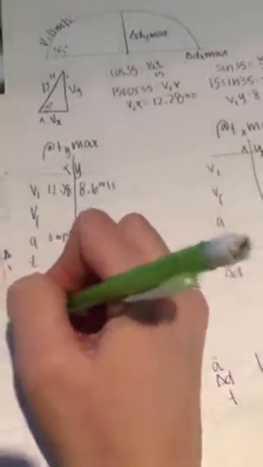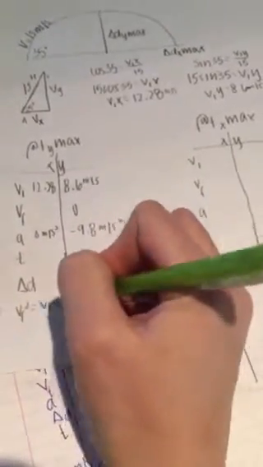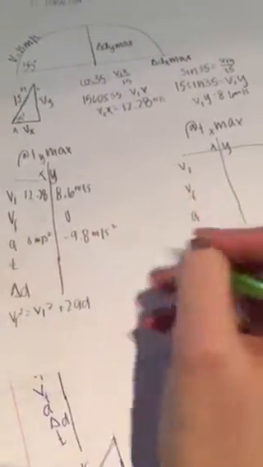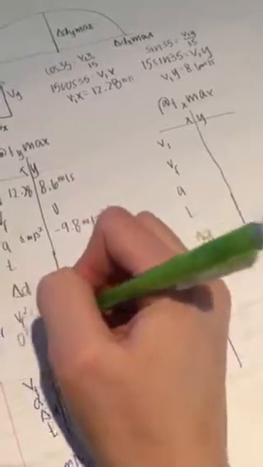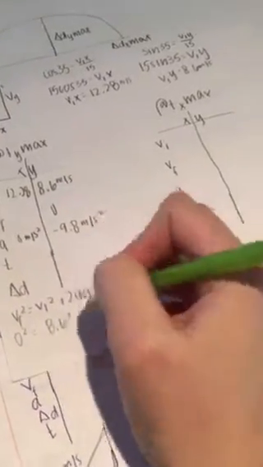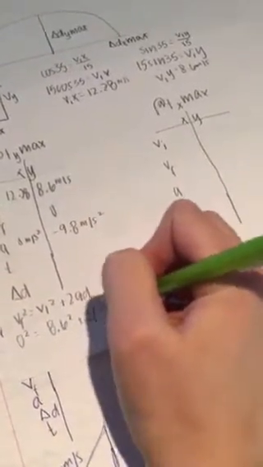And then you do not know the time and the delta d, so to solve for the delta d, we have to use equation 4, which is vf squared equals vi squared plus 2ad, because we are not given the time.